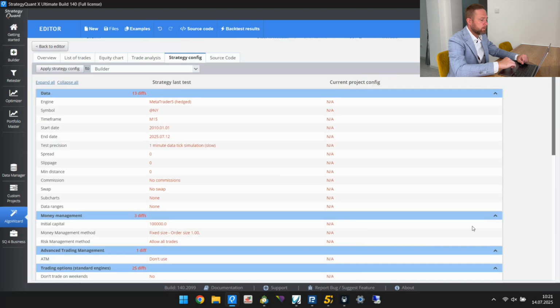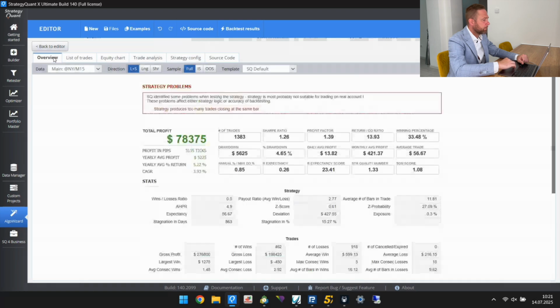When I look at the statistics, I see that I've completed a total of 1,383 trades with a profit factor of 1.39.